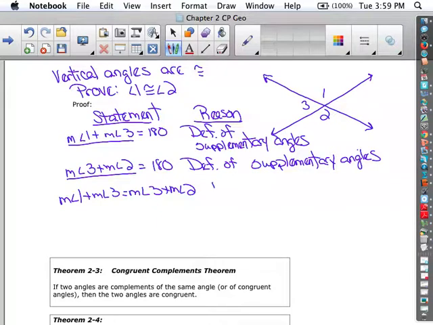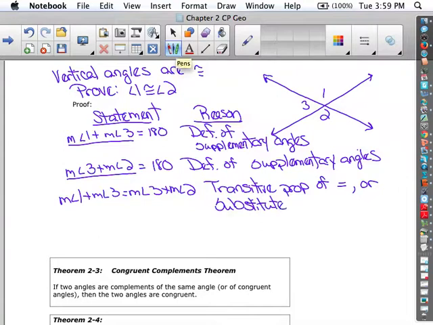I can use the transitive property of equality, or I can use the substitution property of equality. I could justify both of these as the reasons for making that next statement.